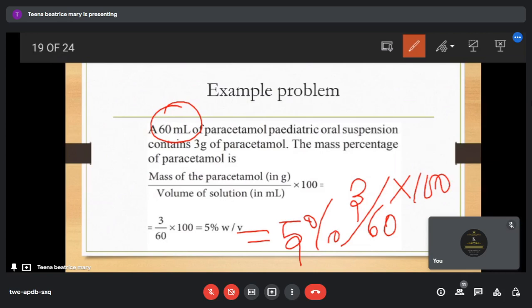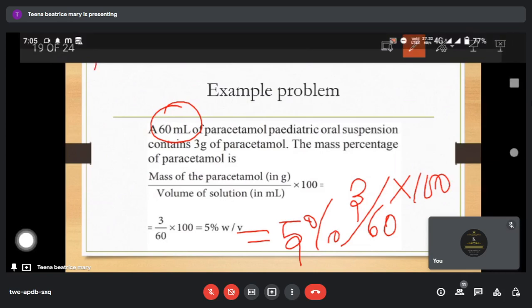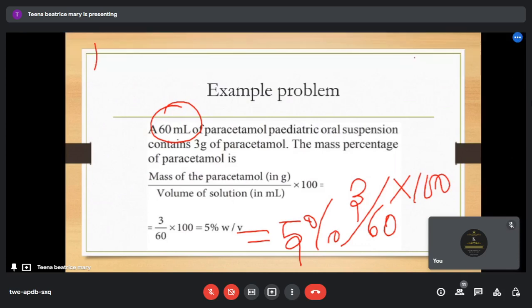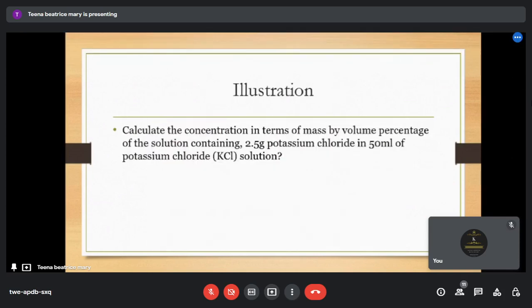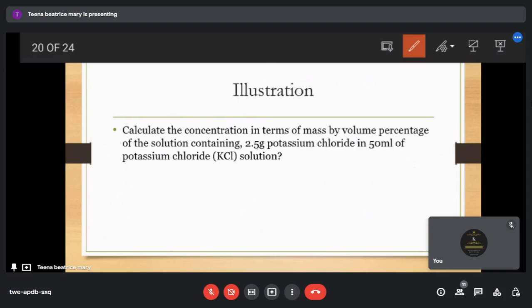Yes ma'am. This is an example. Next illustration. Now we are going to calculate the concentration in terms of mass by volume percentage of a solution containing 2.5 gram of potassium chloride in 50 ml of potassium chloride solution.